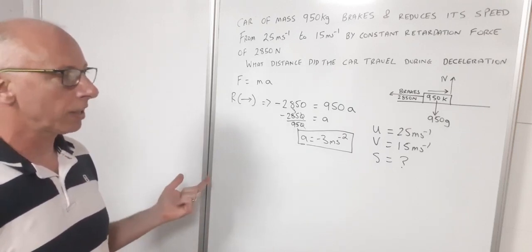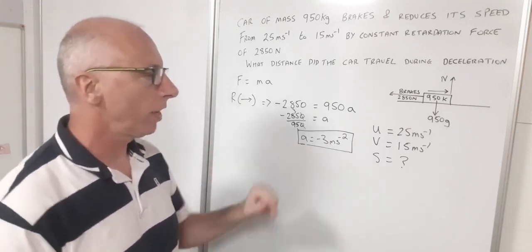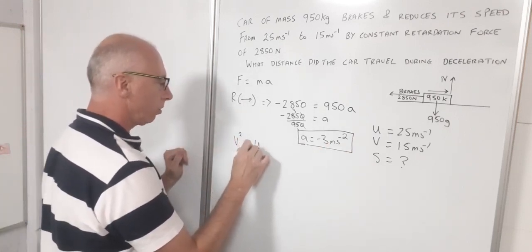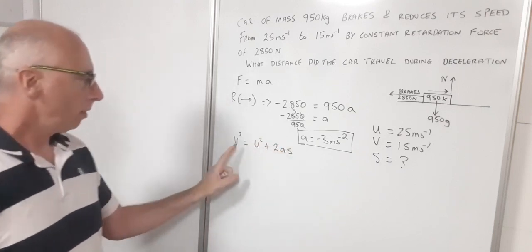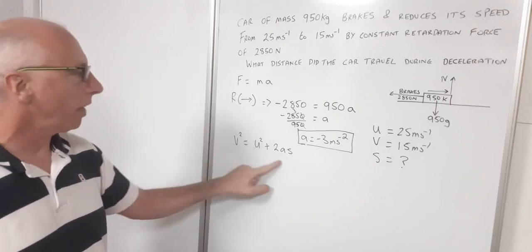So how are we going to find that out? Well, one of the SUVAT equations which we know involving a, s, u and v is v squared equals u squared plus 2as. We know what v, u and a are, so we can solve for s if we plug in the values.